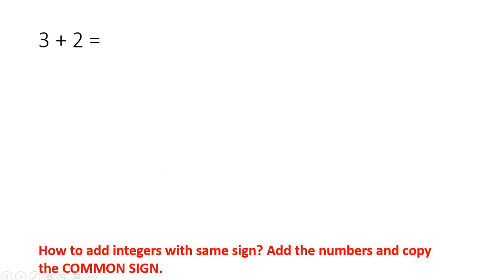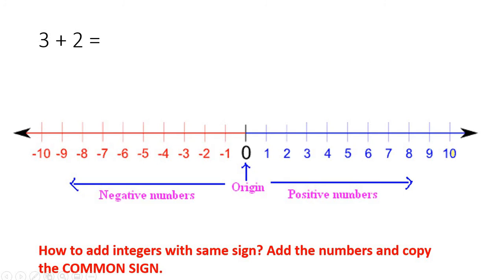Okay? So, another example, 3 plus 2, using the number line. Of course, we always start at 0, the origin. Positive 3, so it goes to the right because the positive numbers are here.